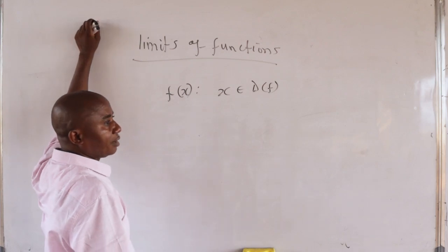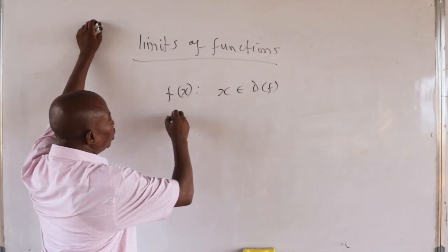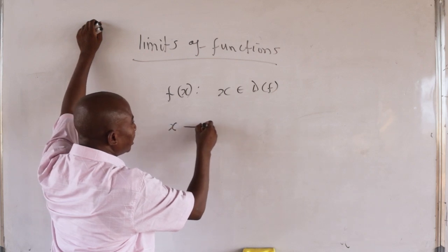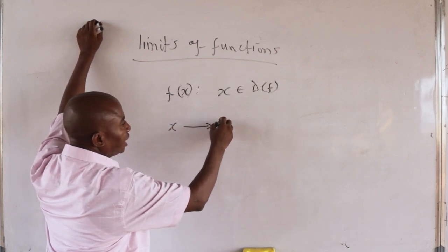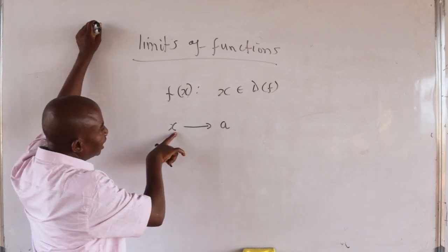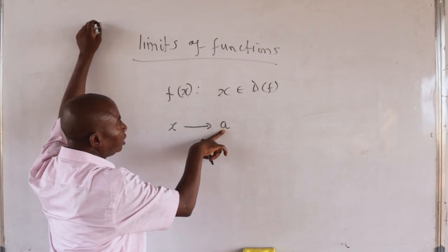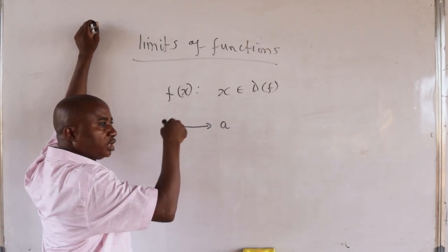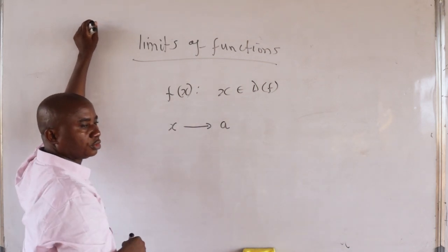So we want to know what happens to the images of x as x tends to a certain value, say a. That means as x is approaching this value a, where will the values of f approach? What number does it approach to?